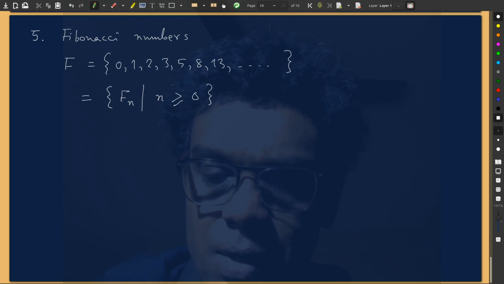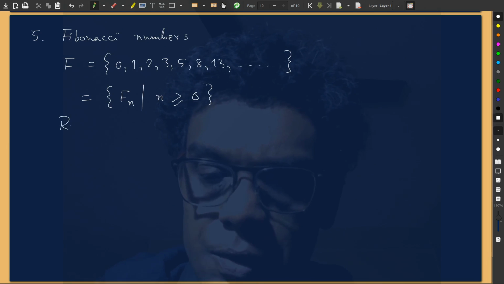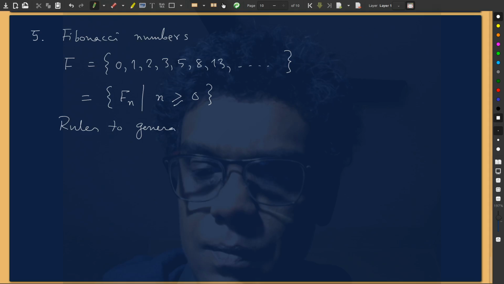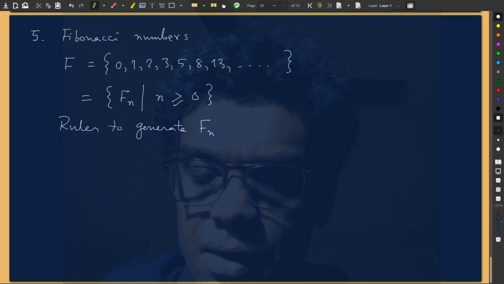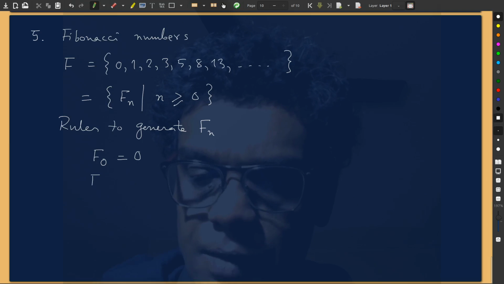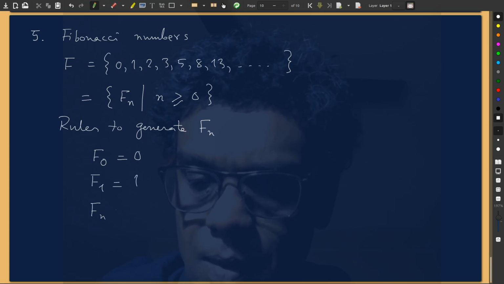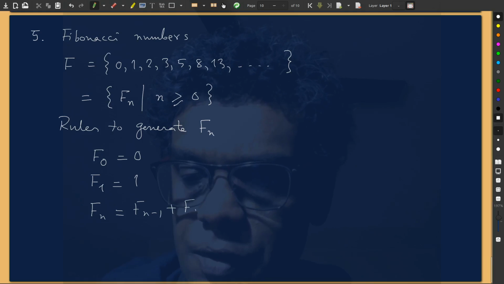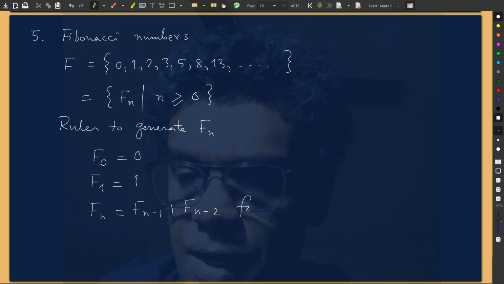So, this actually says rules to generate these individual members F_n. So this is standard recursion, right? You specify two small things, F_0 equal to 0, F_1 equal to 1, and subsequently F_n equal to F_{n-1} plus F_{n-2}, the standard Fibonacci recurrence for n greater than or equal to 2.